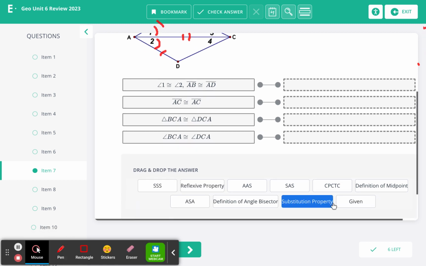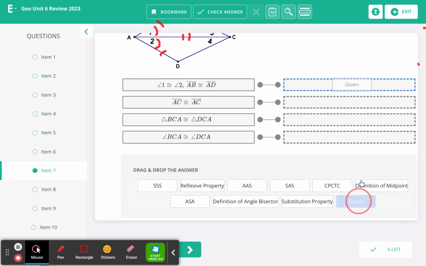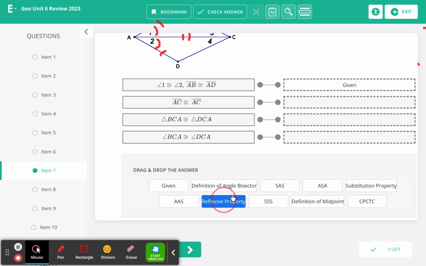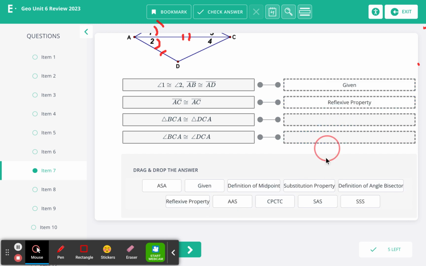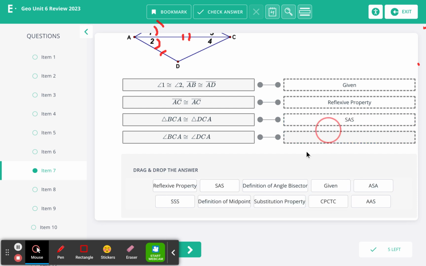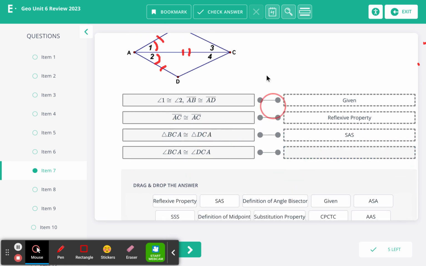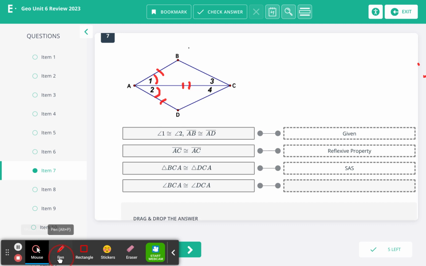All right, let's go down here. We got our given step first. AC congruent to AC, that's reflexive. Triangle BCA, we just talked about, that's going to be side, angle, side. Once we prove the triangles are congruent, you know all the corresponding parts are congruent. Those are all three sides.